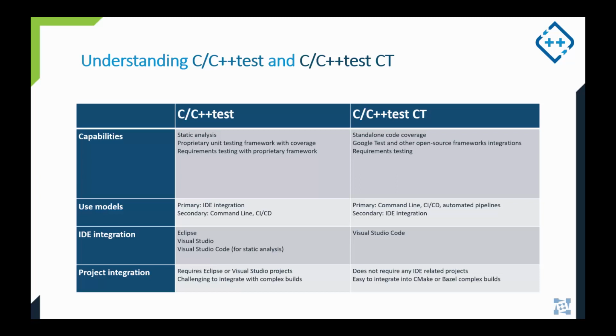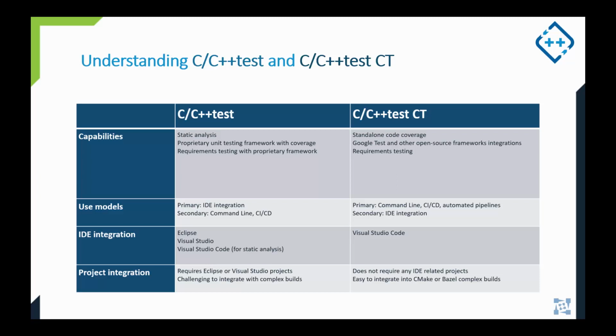Both C++test and C++test CT provide report generation and integrate with Parasoft DTP. The use model or deployment model may overlap, but again, C++test CT is specifically engineered with a command line interface to seamlessly integrate into your CI pipeline and into Visual Studio Code.